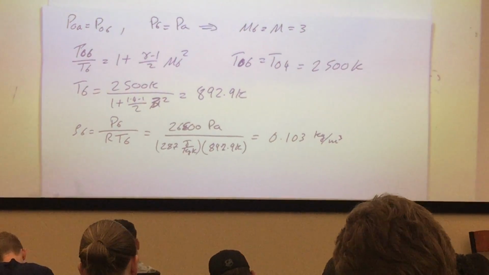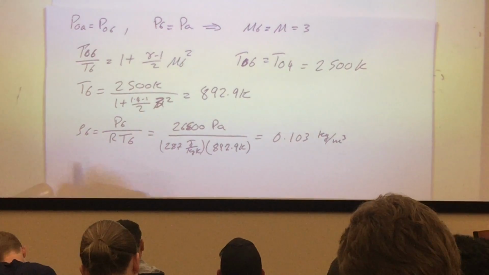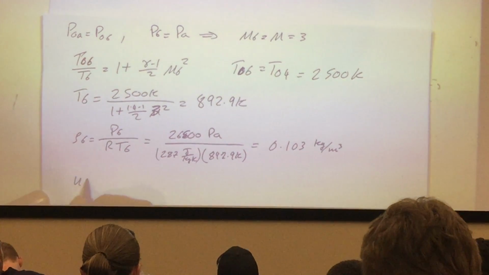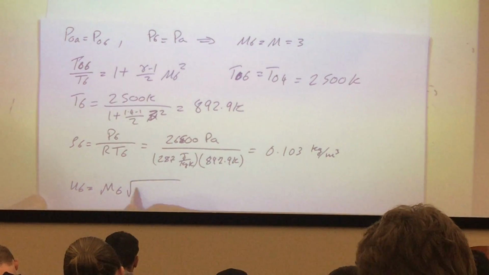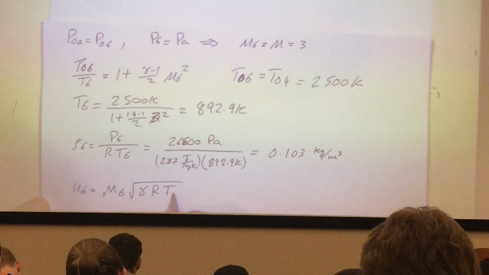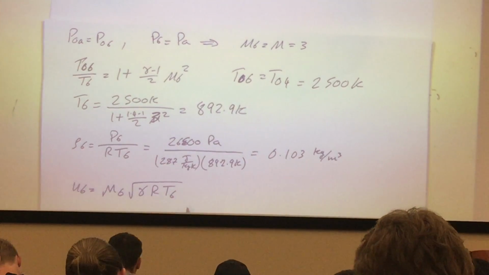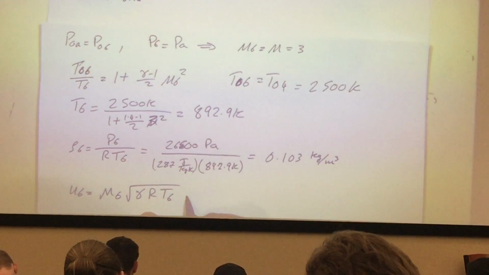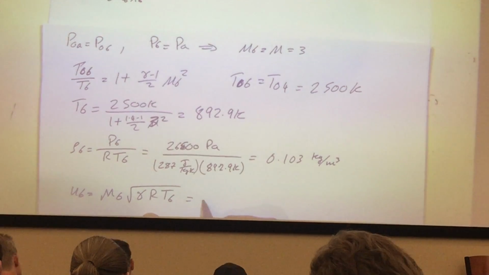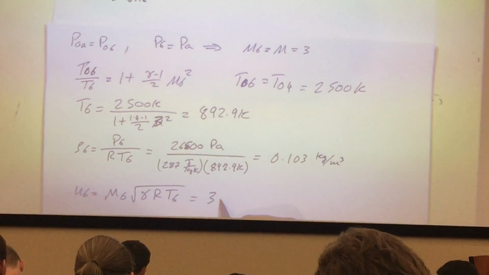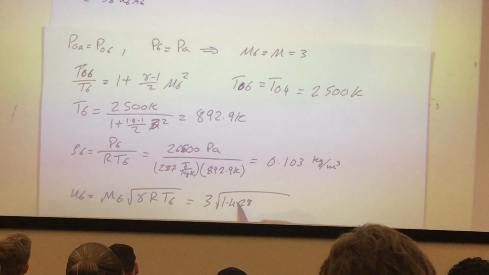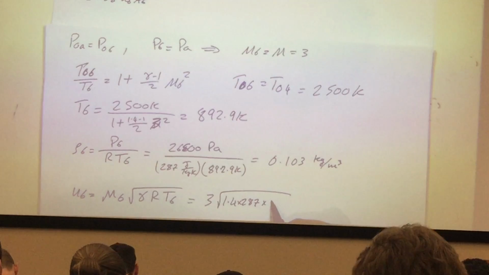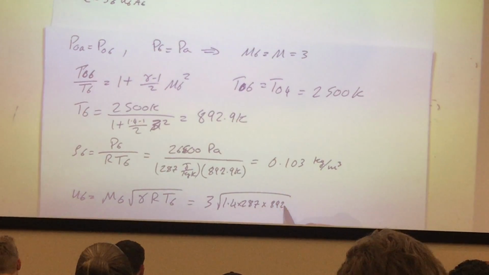Now take that and substitute, or actually we have Mach 6. So U6 is equal to Mach 6 multiplied by the square root of gamma R T6. Gamma's constant, so I already know my T6. Then that's equal to 3 since I'm cruising, times the square root of 1.4 multiplied by 287 multiplied by 892.9.